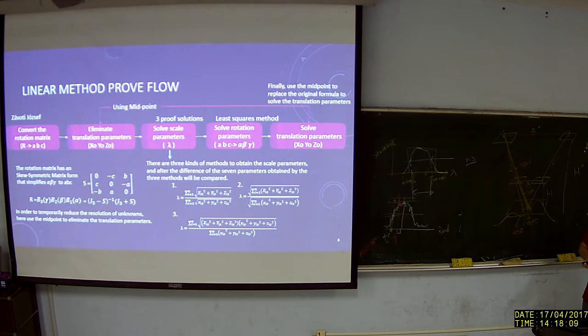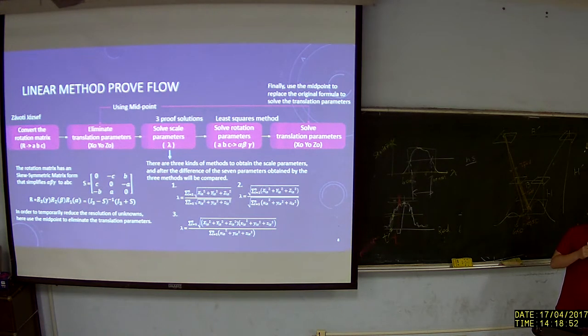So in the Vati method, he converts the rotation matrix into the skew symmetric matrix form and simplifies the three rotation parameters to a, b, c. In order to temporarily reduce the unknowns, here in the Vati method he used the point to midpoint to eliminate the translation parameters. Next, there are three kinds of method to obtain the scale parameters.